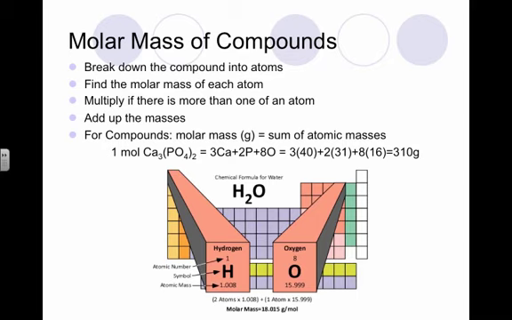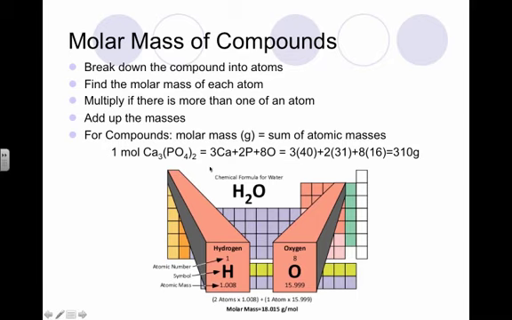In this example, we've got 1 mole of Ca3(PO4)2, calcium phosphate. So we've got 3 calcium atoms, 2 phosphorus atoms, and 8 oxygen atoms, because of 2 times 4. Then we find the individual elements and their masses, multiply, and add together.